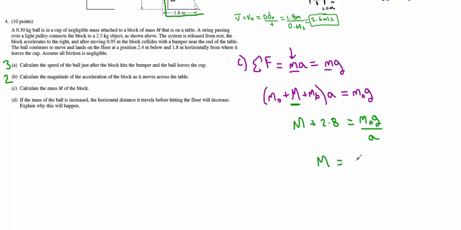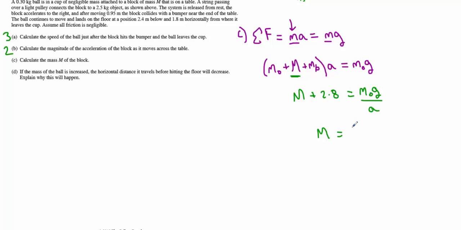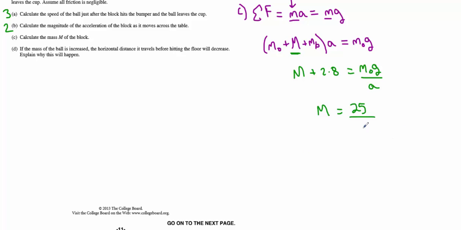So I'm going to have, well, the little mass was 2.5 times g, so 25 is its weight. Divide that by the overall acceleration, which is what I already calculated, 3.55 meters per second squared. And this entire term, I've got to subtract 2.8 from it.